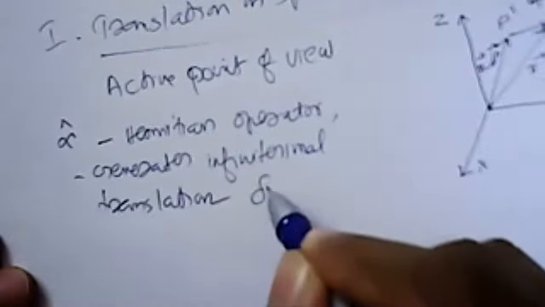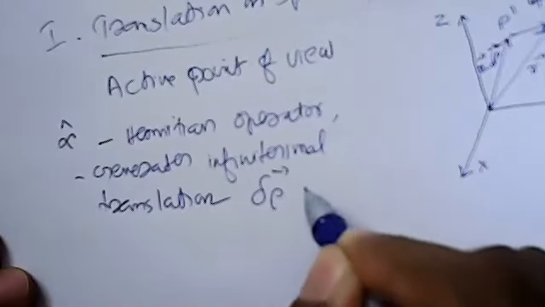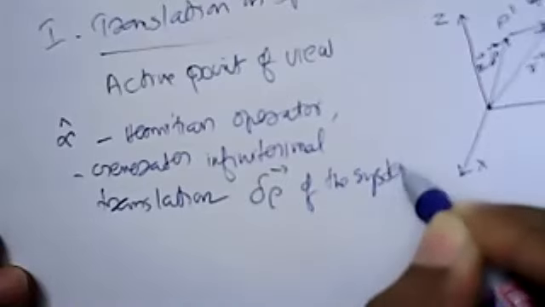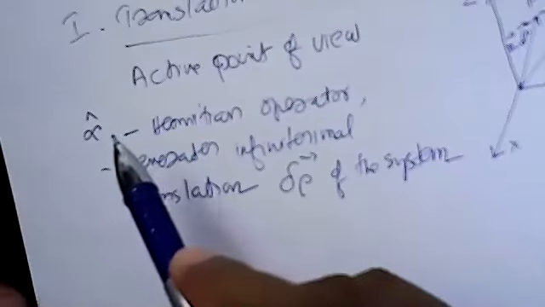That is, we call it vector delta rho of the system. So this is the operator alpha.